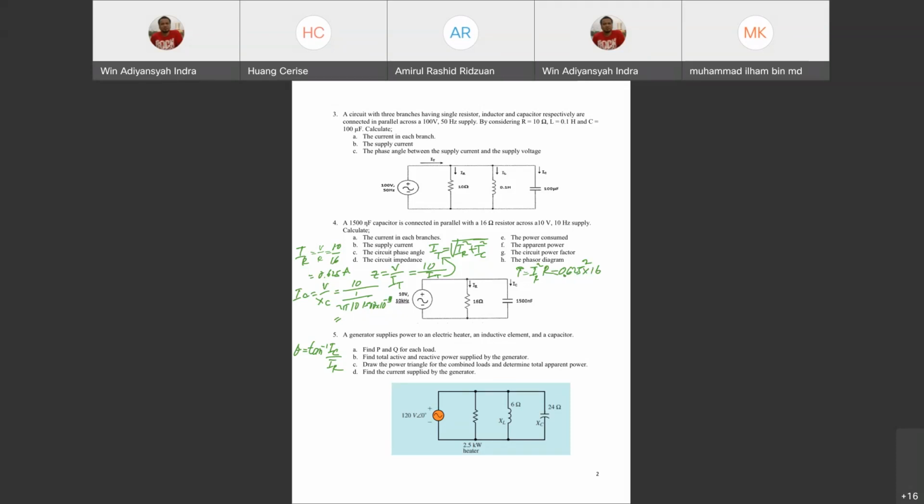F, apparent power S. If you look at this slide, S equals P plus JQ.